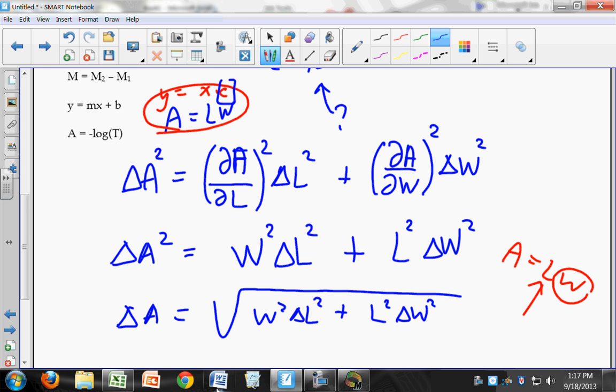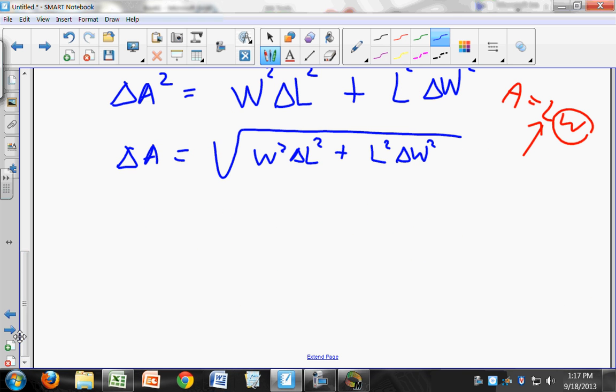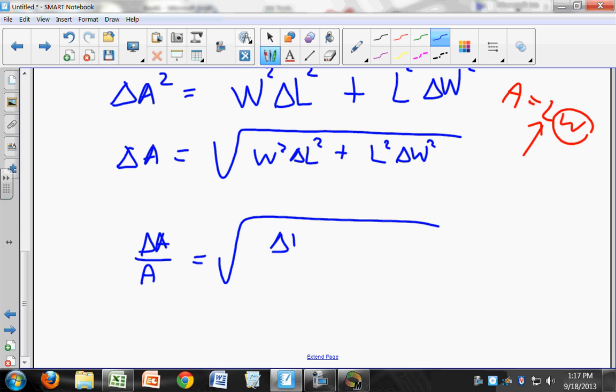You might be wondering, this isn't quite the formula you were taught in your earlier courses, right? What formula did you learn when you're multiplying? Delta A over A equals the square root of delta L over L squared plus delta W over W squared.